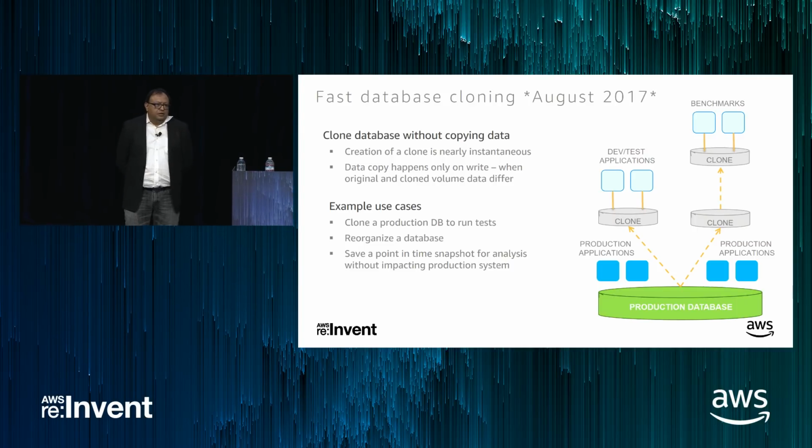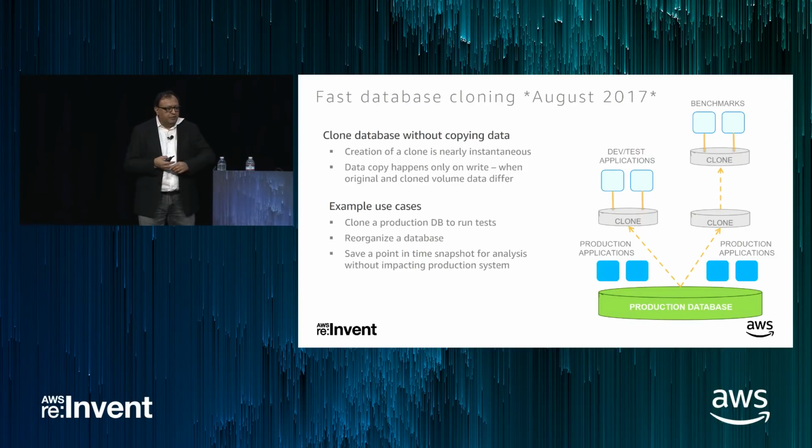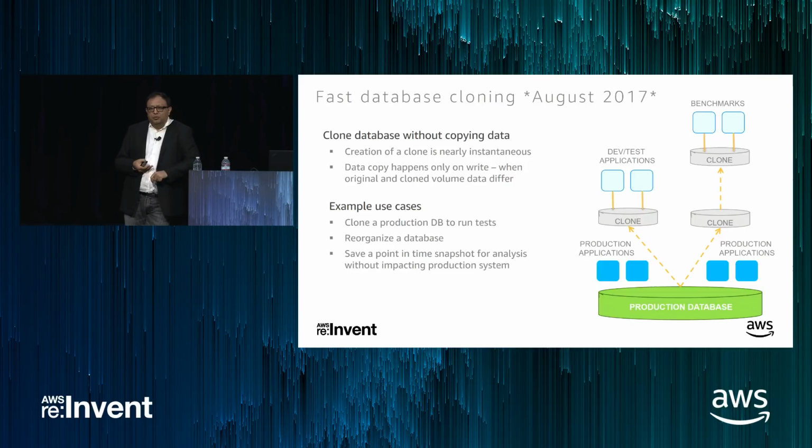An advanced volume manager, say an EMC or a NetApp filer or what have you, will basically do a copy-on-write clone of a volume. And so we do as well. What that means is you can clone the database without copying the data. And since you don't have to copy the state in the database, the creation of the clone is nearly instantaneous, certainly sub-minute.